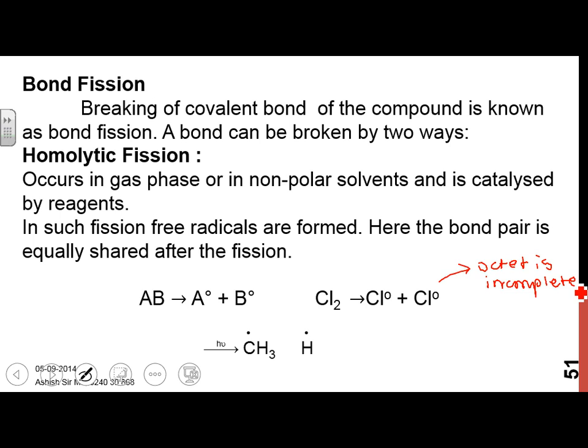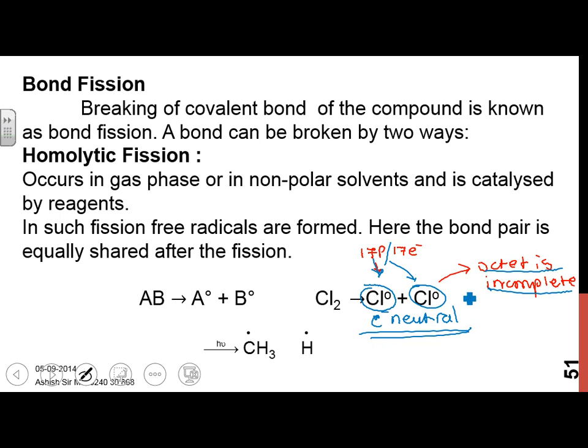Second thing, this chlorine has 17 protons and 17 electrons. Not only this chlorine, both of them have 17 protons and 17 electrons. That means they are electrically neutral. After homolytic fission, the species we are getting have an incomplete octet and are electrically neutral.